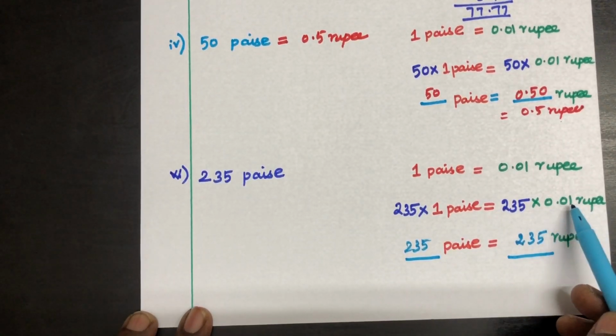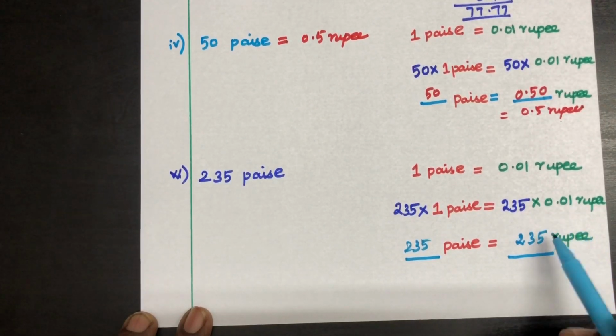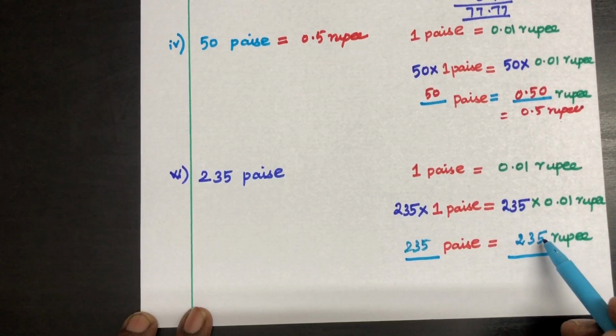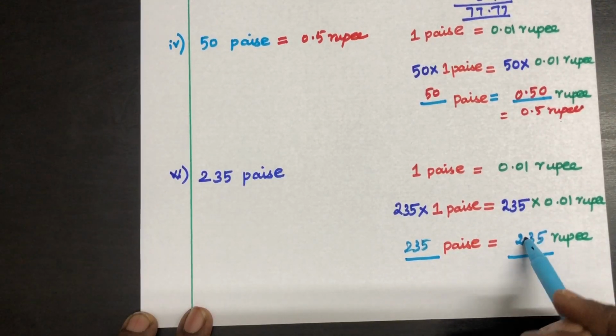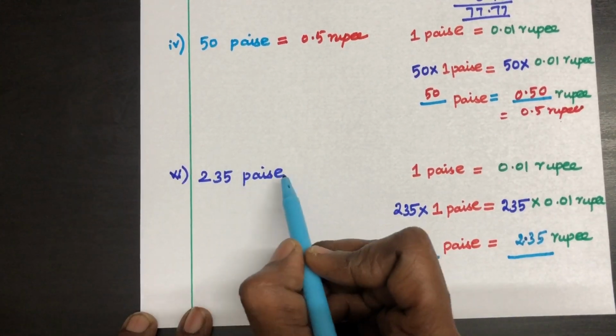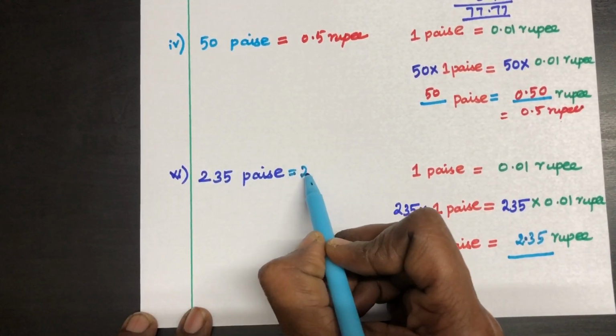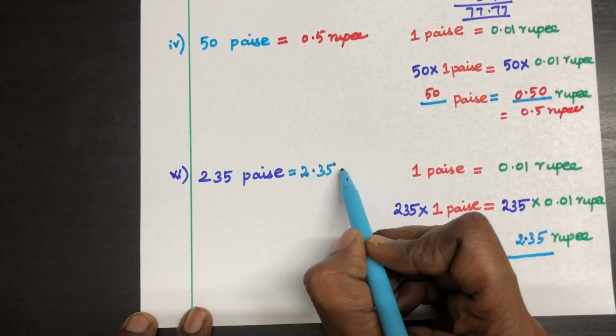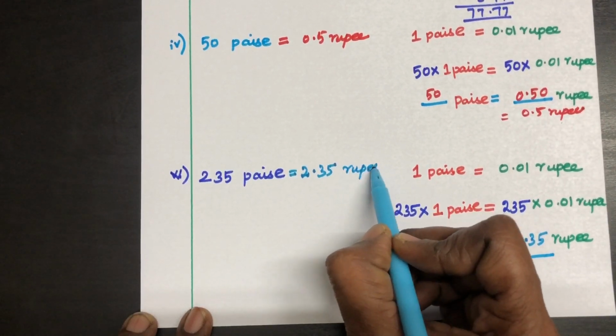Now count the decimal places, 1, 2. We need to leave 2 decimal places and put our point here. So this is equal to 2.35 rupees.